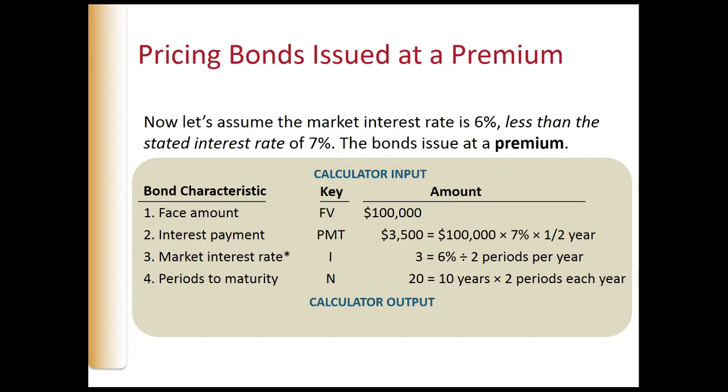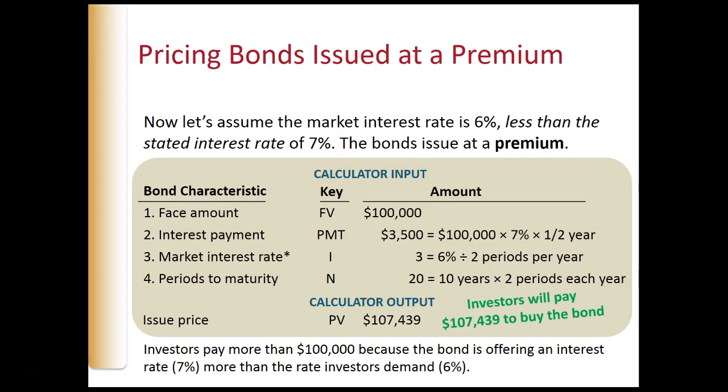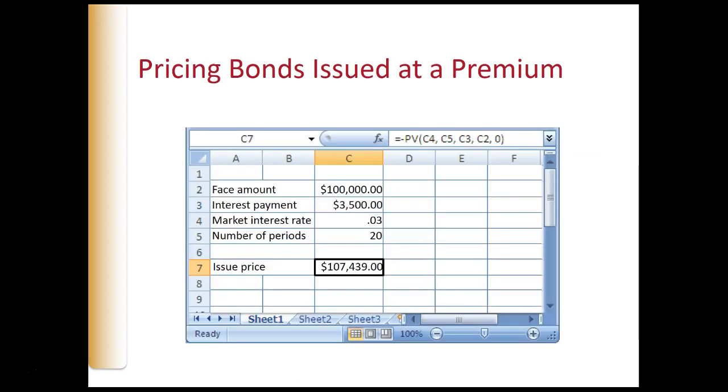In this slide, we recalculate the issue price using the market rate of 6%, or 3% semi-annually. So the issue price of these bonds would be $107,439 to purchase these bonds. Now, this slide shows how to use Excel in determining the issue price.